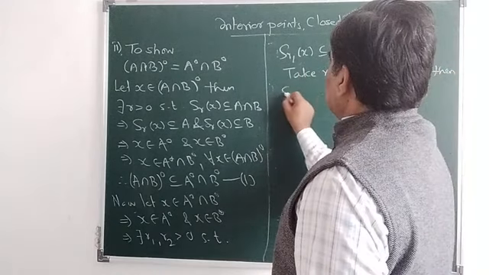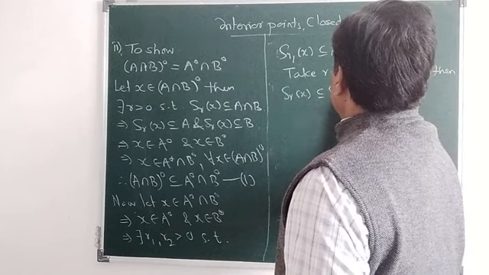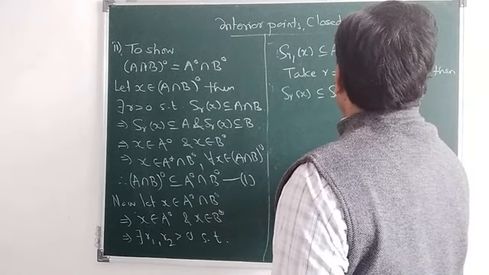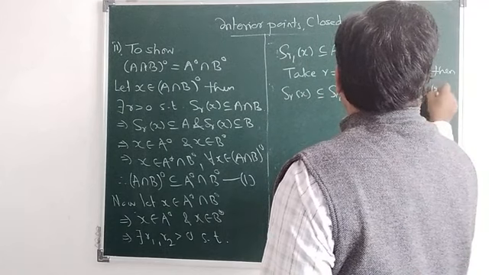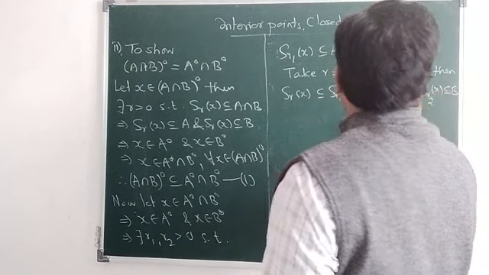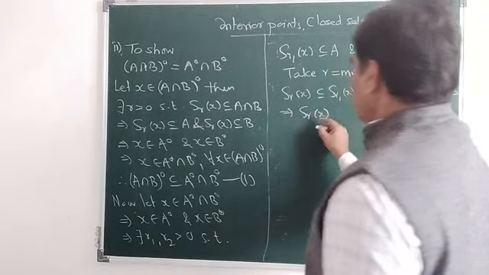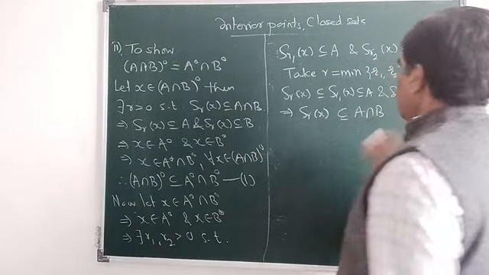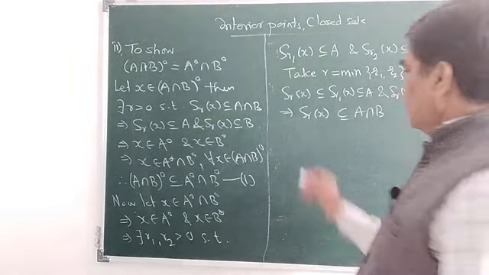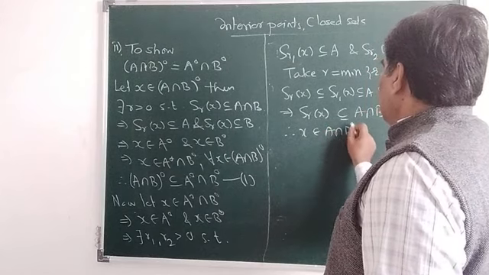Then S_r(x) is a subset of S_r1(x), contained in A, and S_r(x) is a subset of S_r2(x), contained in B. This implies S_r(x) is a subset of A intersection B. Okay, and therefore x belongs to (A intersection B) whole interior.